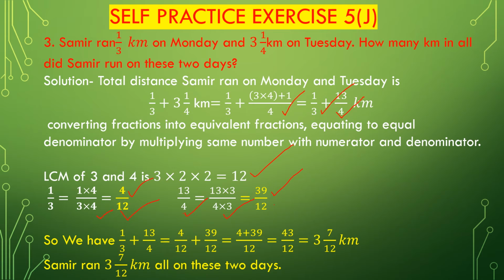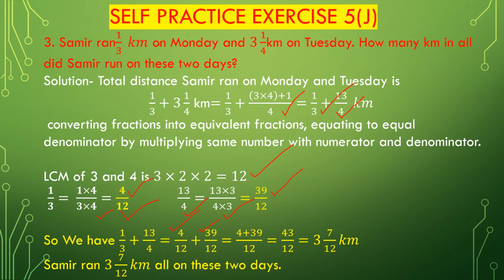Now 1 divided by 3 plus 13 divided by 4 km is equal to 4 divided by 12, which is an equivalent fraction of 1 divided by 3, plus 39 divided by 12, which is an equivalent fraction of 13 divided by 4.